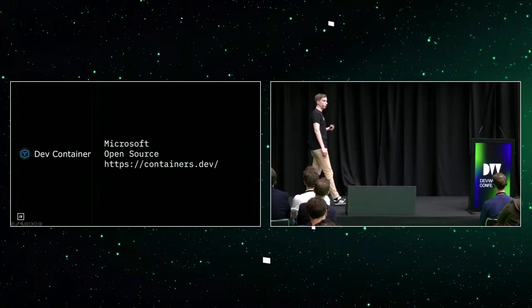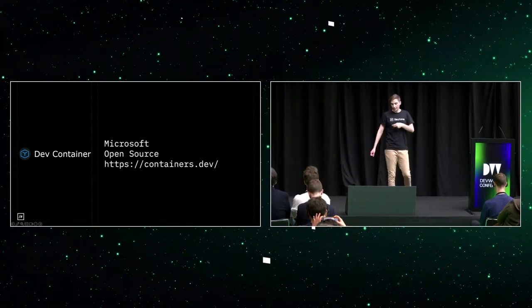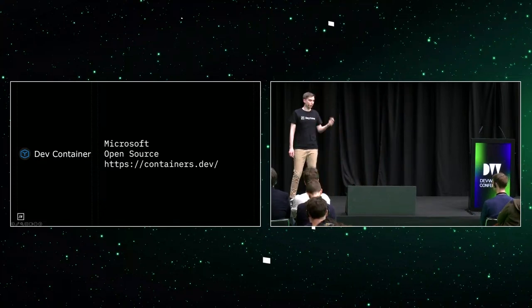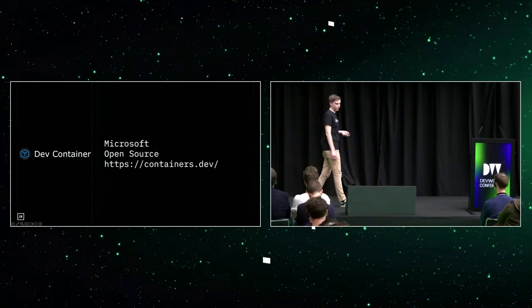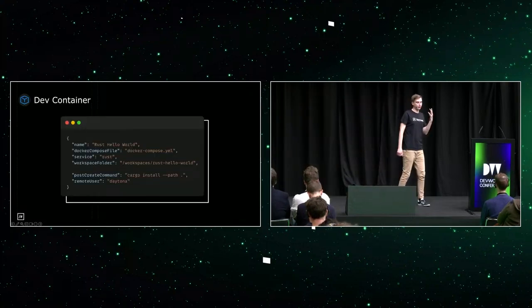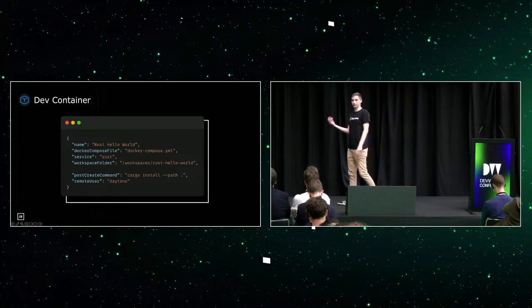Dev containers are an open source standard that is created by Microsoft. It's fully open source. It has an open source CLI as well, which you can take a look at on GitHub and download for free and start using right away. Dev containers have a very developer-friendly JSON schema. It's really easy to pick this up.